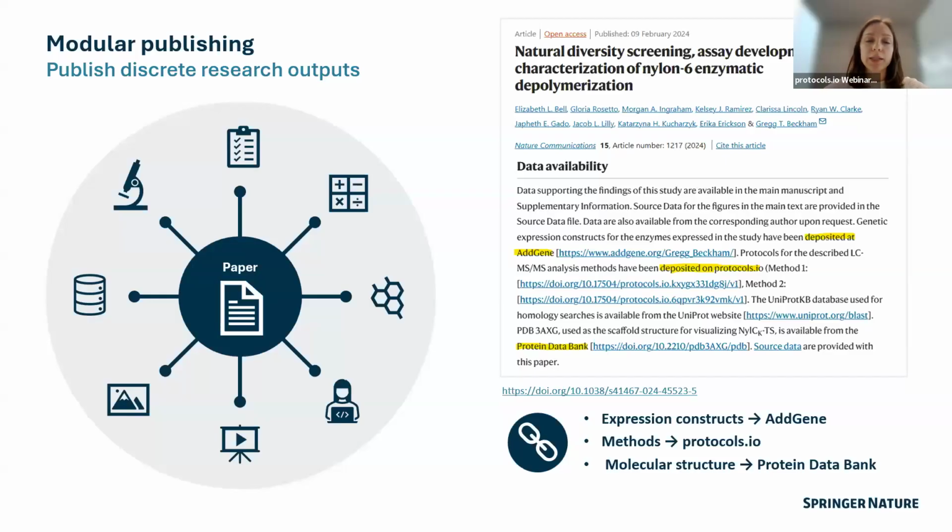And we can see a really nice example of that here on the right, where they have linked all of their outputs within the data availability section of that paper. And we can see what those are here. So they've put their methods onto protocols.io.